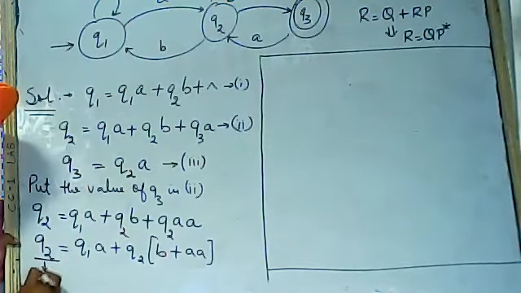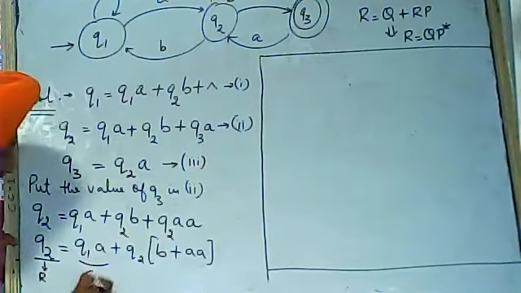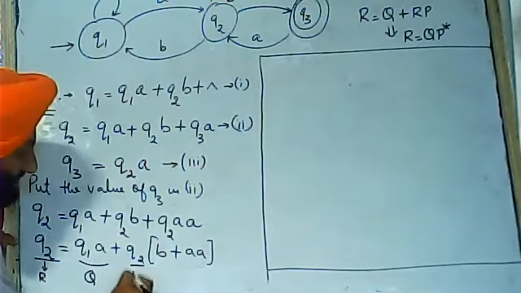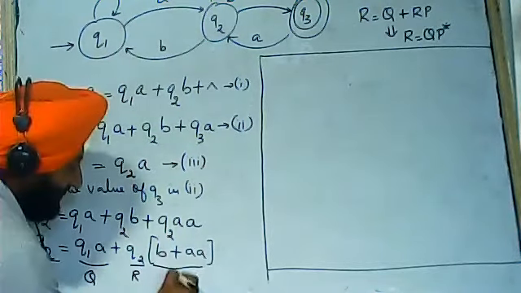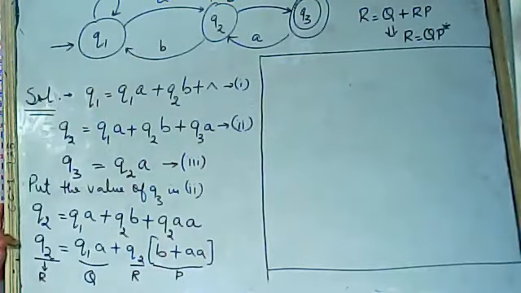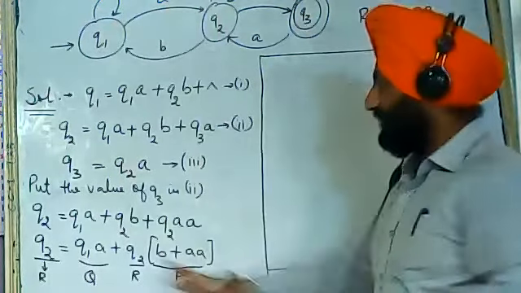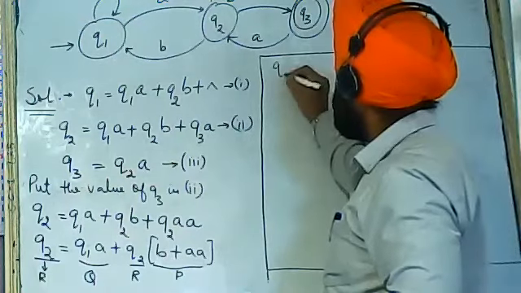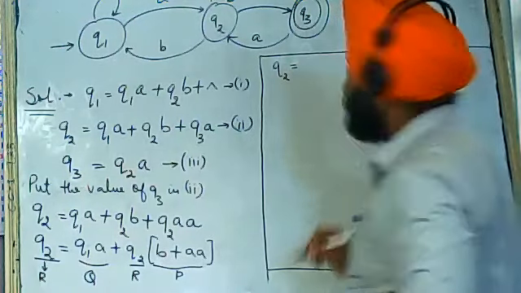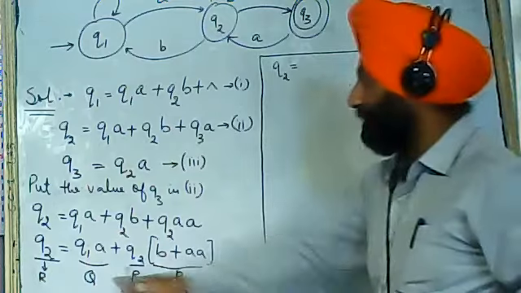This is your R. This complete thing is Q. This thing is R, and this thing is P. It means that Arden's will be applicable, which says that the value of R is Q2 equals QP star.